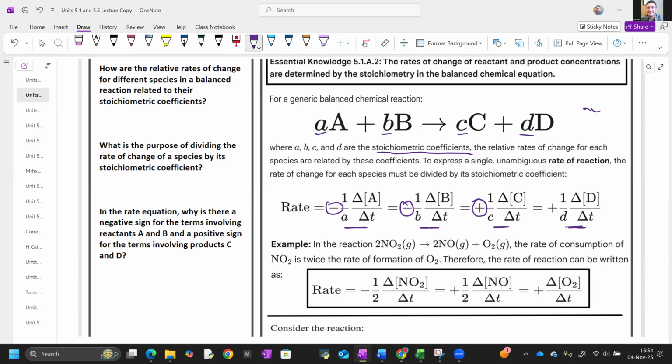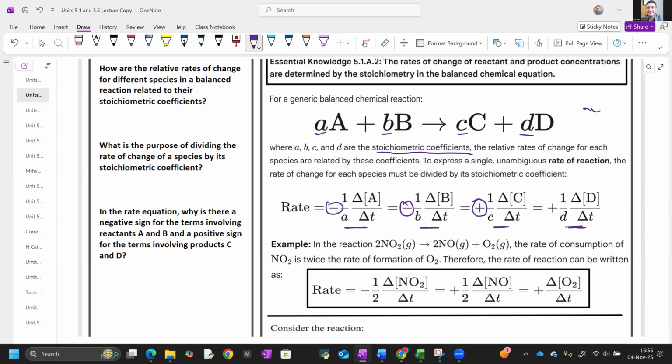So the final concentration is always going to be greater than the initial, which then is going to yield a positive rate. So we don't need to put a negative sign in the expression so that the rate will come out positive. It will just naturally end up that way. And so we see the same thing for d, 1 over lowercase d, it's a positive value.